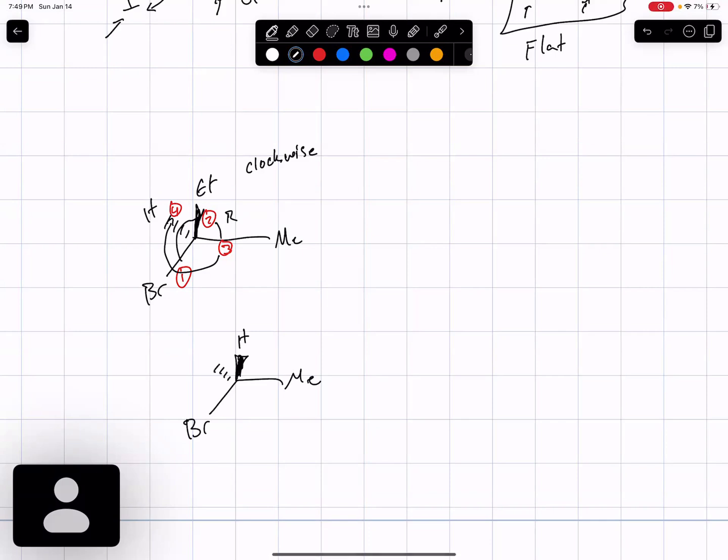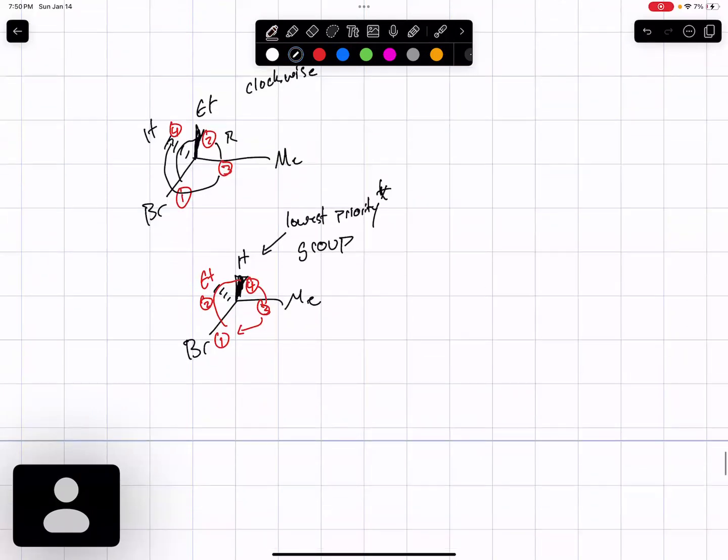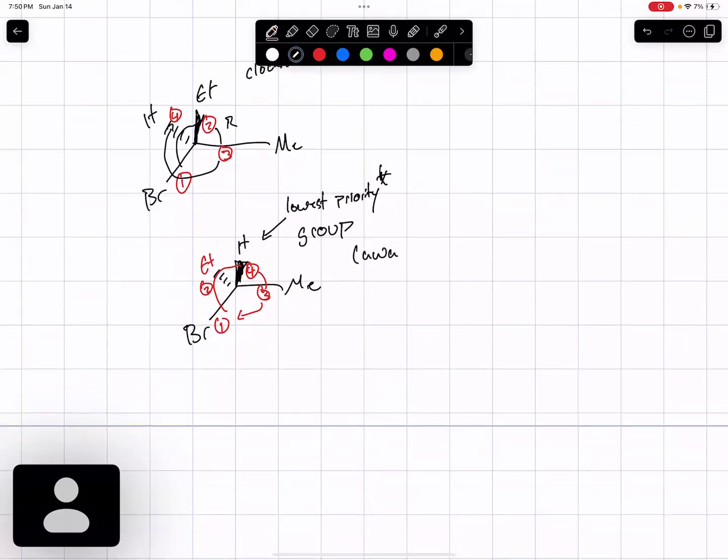Again, assigning the same, 1, 2, 3, 4, it looks as if it is R. But based on the Cahn-Ingold-Prelog system, we must understand that our lowest priority group has to be pointing away from us.